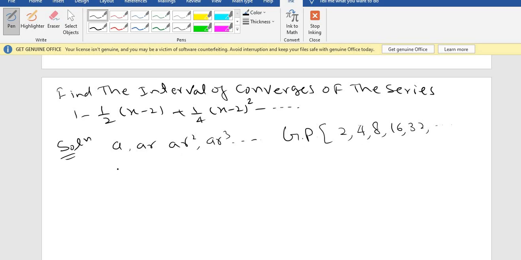So the radius of convergence will be based on r. If the modulus of r is less than 1, then the series is convergent. This will give you the radius of convergence.